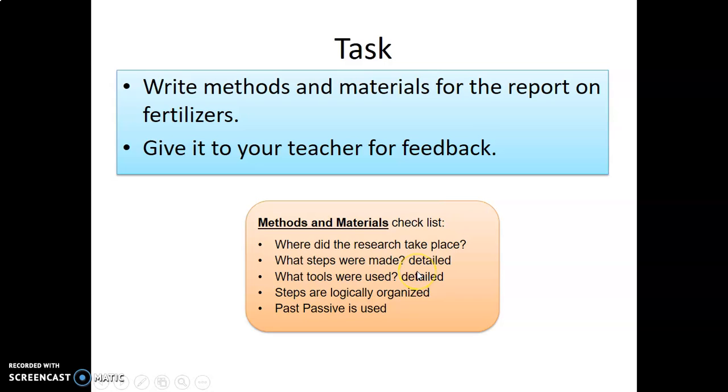Why is it important? Because if somebody wants to repeat your experiment, if you don't mention something, their results will be different from yours, right? Also, the tools that were used should be mentioned in detail for the same reason. Yeah, and remember to use past passive as well.